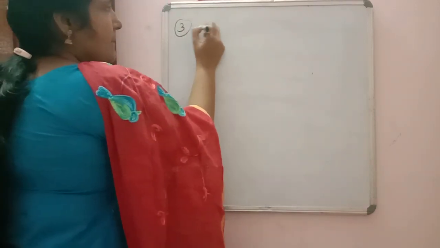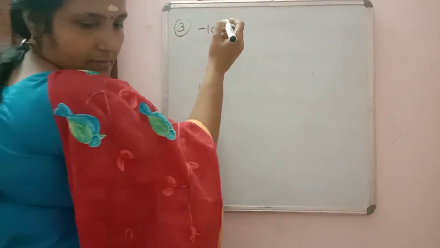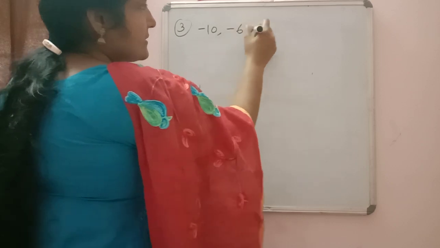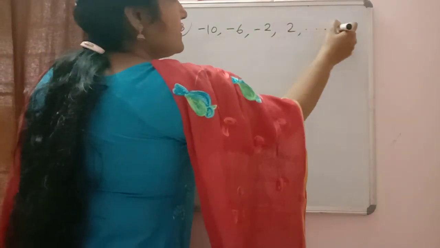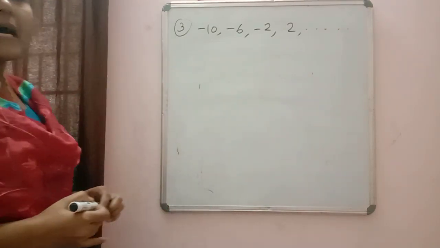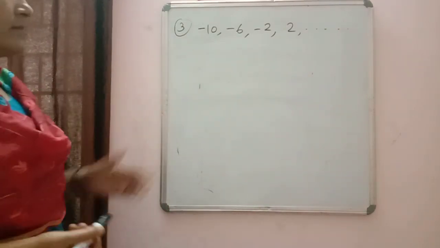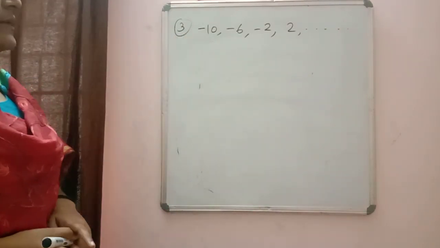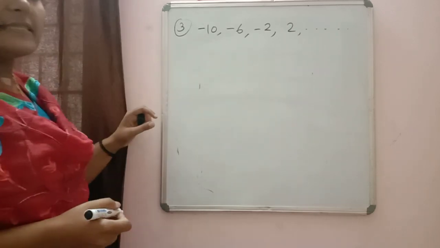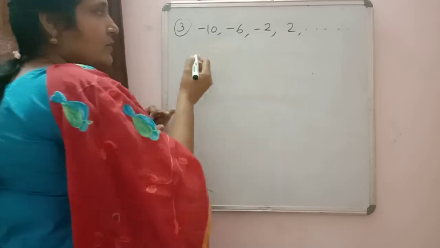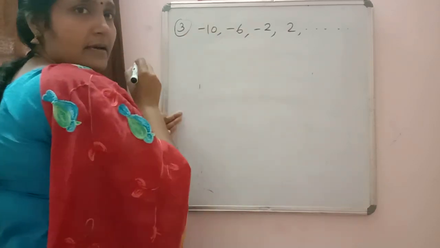Next one is minus 10, minus 6, minus 2, 2. So first we have to identify whether they are in AP or not. Obviously the first term is equal to minus 10. Now we will check whether differences are same or not. So what I am doing, second term minus first term.